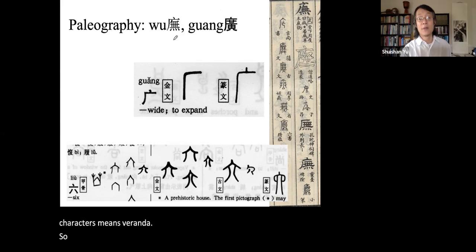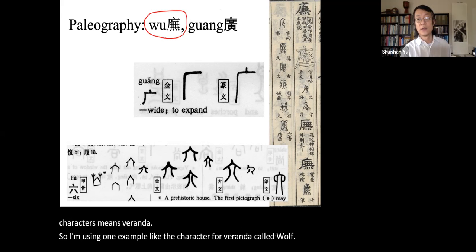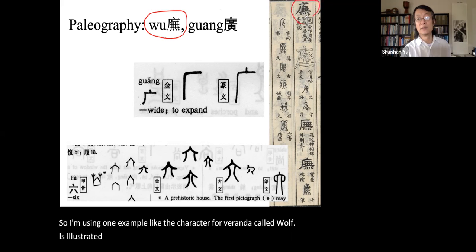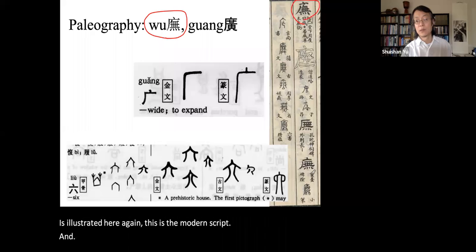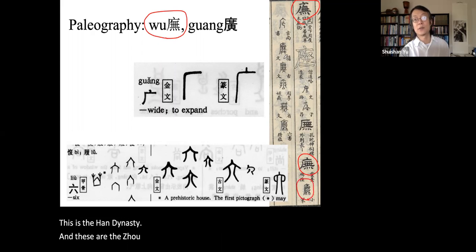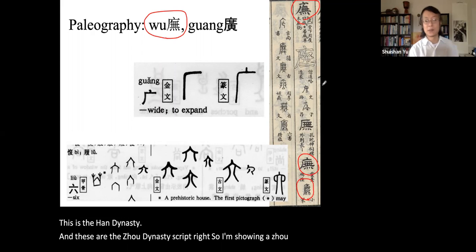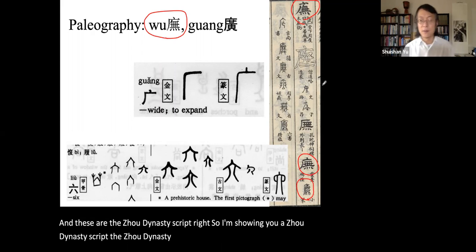I'm using one example, the character for veranda, called Wu, illustrated here. Again, this is a modern script, this is the Han Dynasty script, and this is the Zhou Dynasty script, right? The Zhou Dynasty script is about 500 years later than the Shang Dynasty.